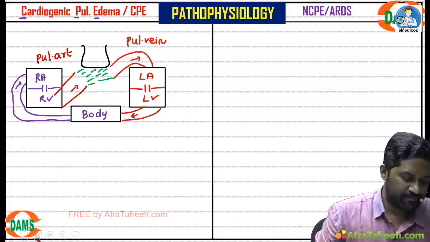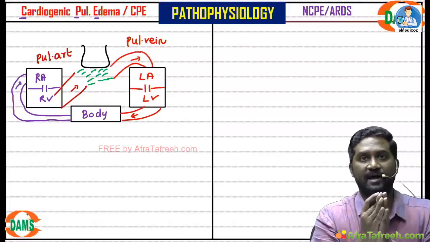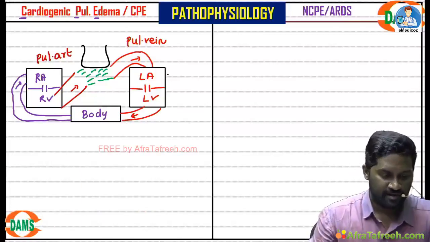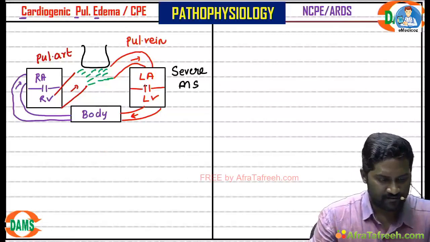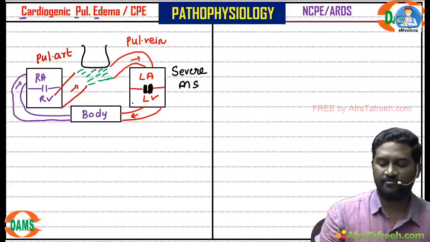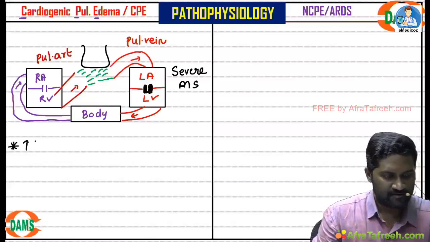Like I told you, for development of cardiogenic pulmonary edema, there should be an active left heart disease. Consider this patient has severe mitral stenosis. There is narrowing of the mitral valve like this. Whenever there is narrowing of the mitral valve, there will be increased left atrial pressure.